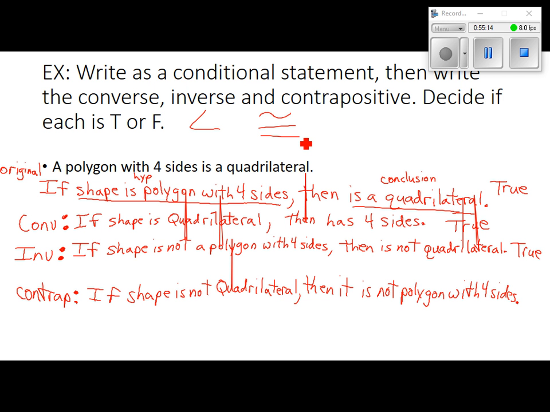Let's go back to this real quick. If a shape is not a quadrilateral, so I have this shape in my hand, you see it? No. I'm telling you, it's not a quadrilateral. Then it is not a polygon with four sides. Is that a true or false statement? True, it's true.